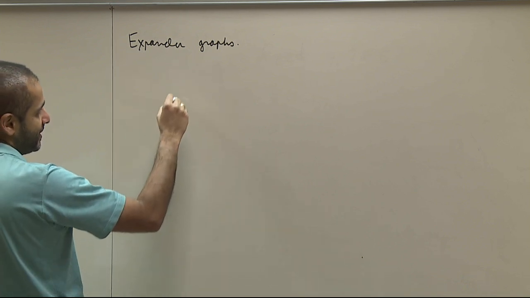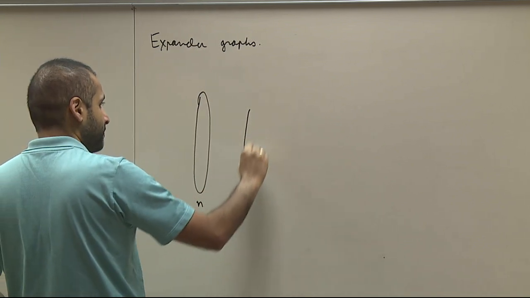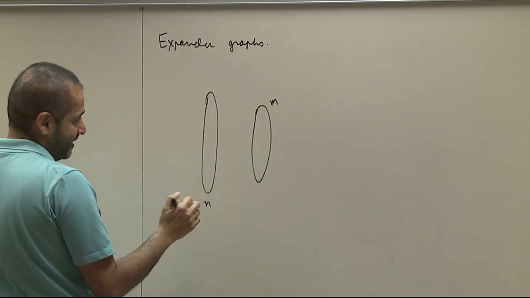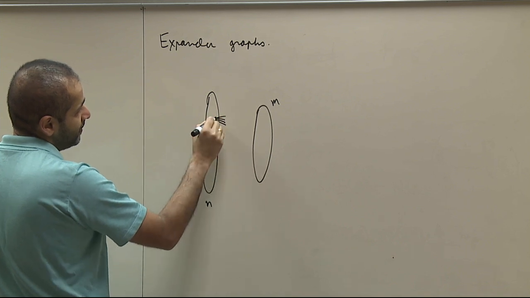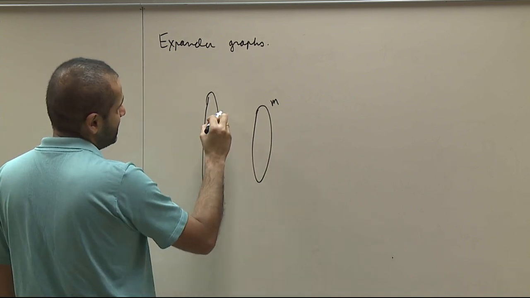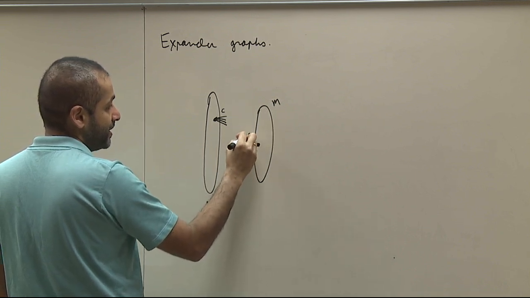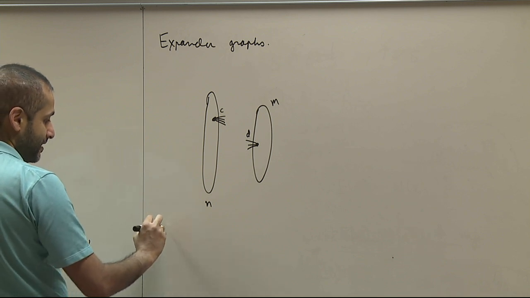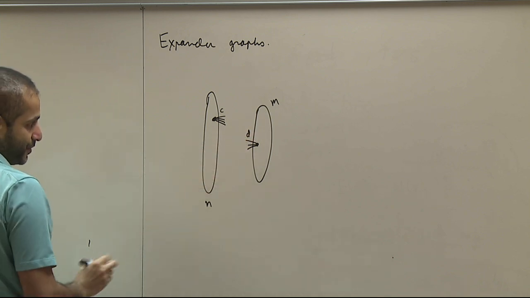These are going to be bipartite graphs. There are going to be n vertices on the left, m vertices on the right, and in my setting m will be less than n. All the vertices on the left are going to be C regular. All the vertices on the right are going to be D regular. So in particular, n times C equals m times D. There's a relationship between them.